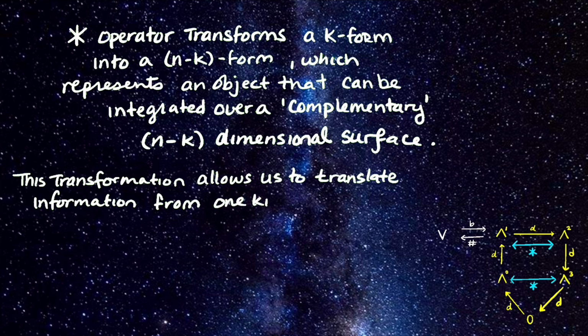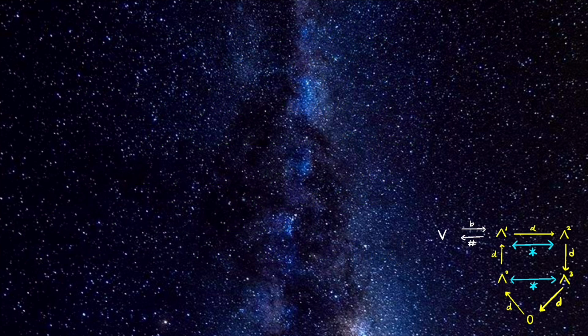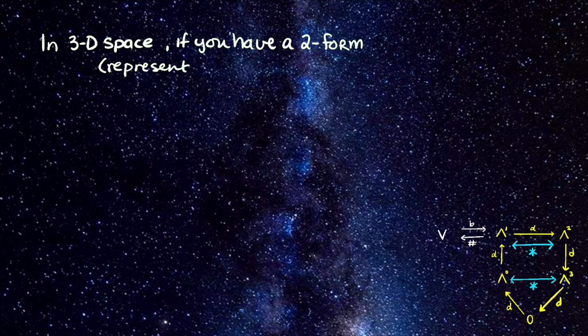Thus, this transformation allows us to translate information of one kind of object, like a vector field or an area, into some other kind of object, like a volume or a flux. And this framework is exactly what Maxwell needed to describe his equations of electromagnetism.